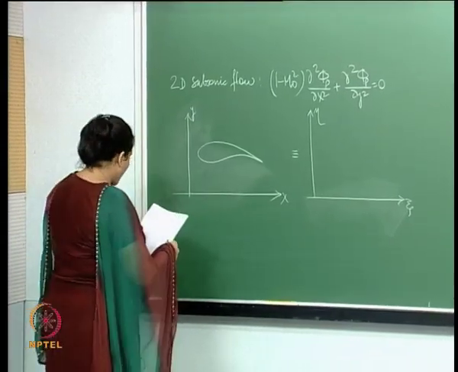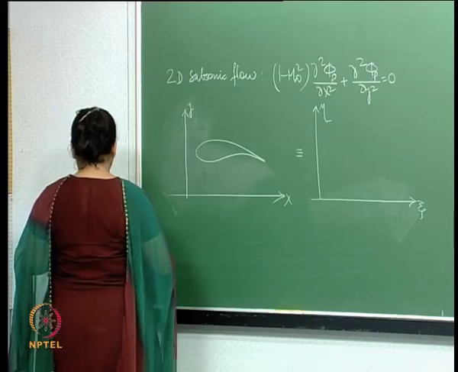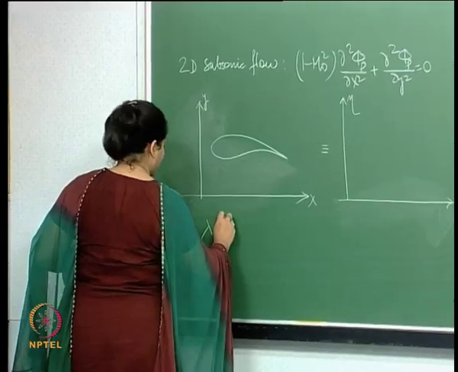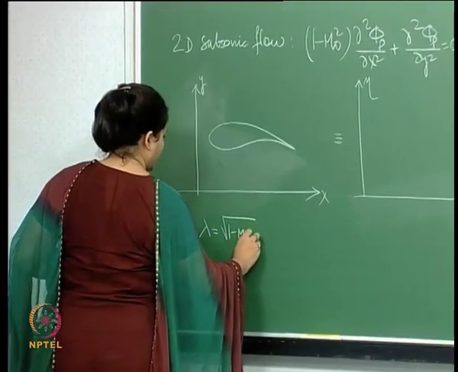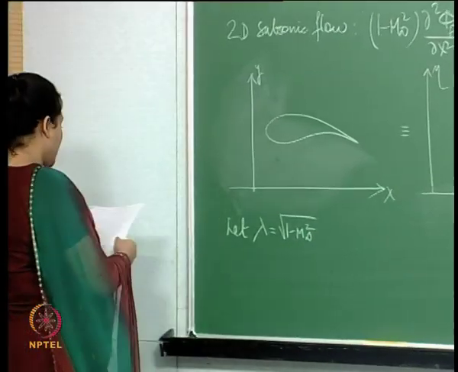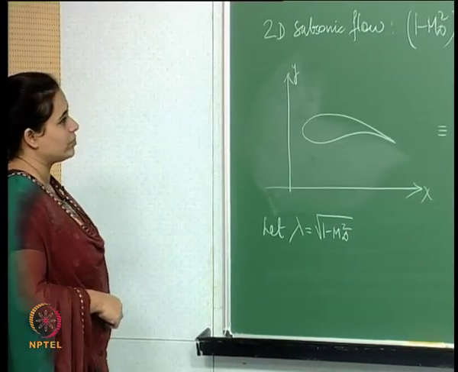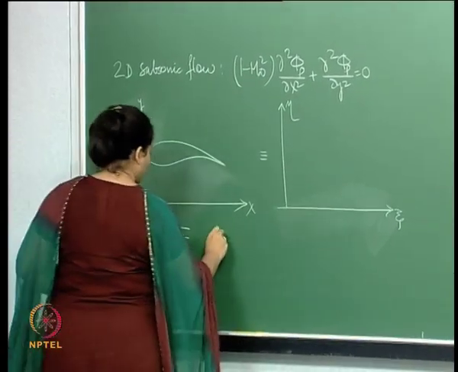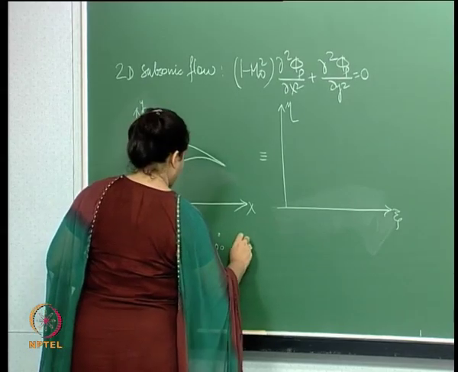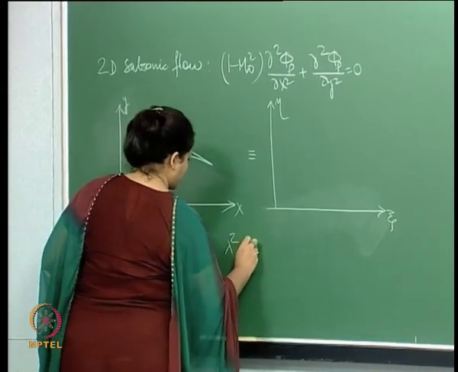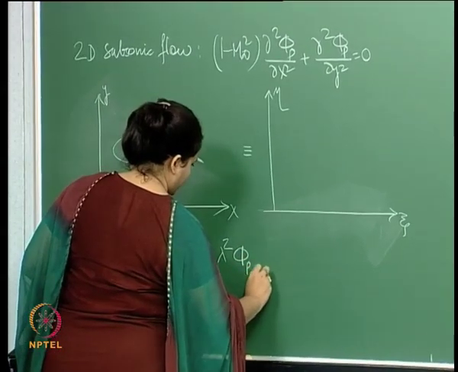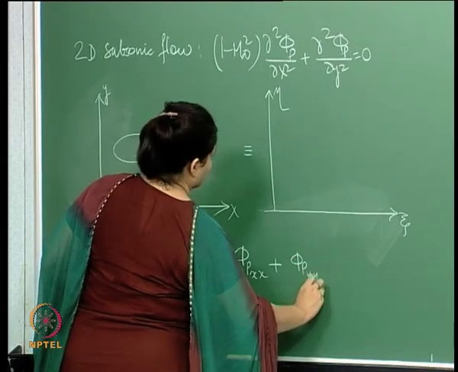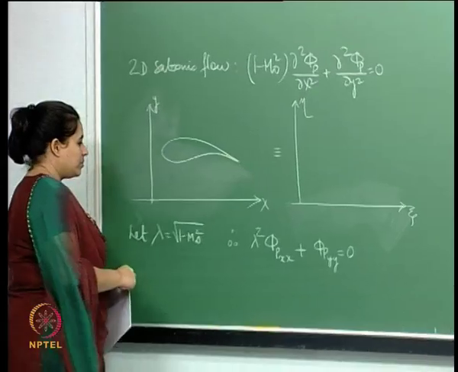Okay. So, having said that, here we are going to just denote lambda square to be equal to this. Therefore, our governing equation basically becomes this.